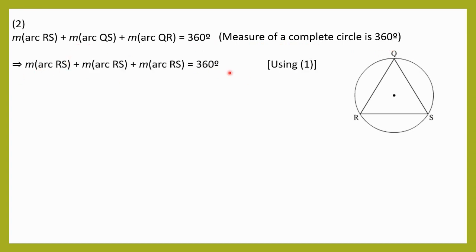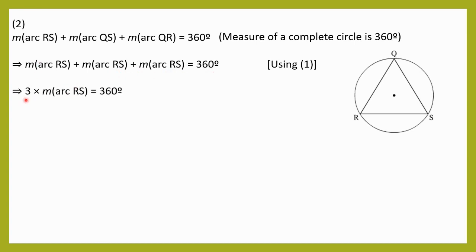Now, from the previous part of this sum, we know that all of these three arcs are equal. Therefore, in place of arc QS and in place of arc QR, we'll substitute arc RS. So we get measure arc RS plus measure arc RS plus measure arc RS is equal to 360 degrees.